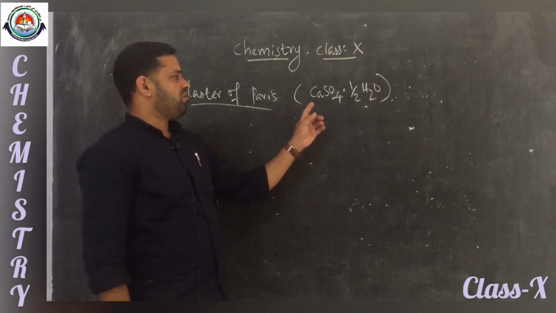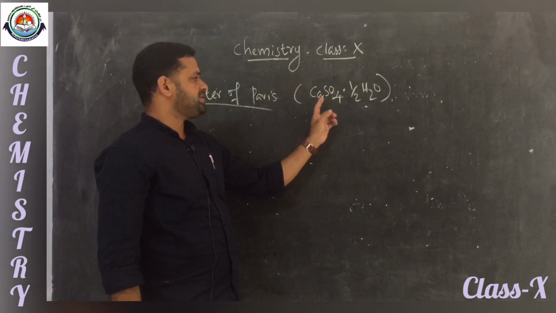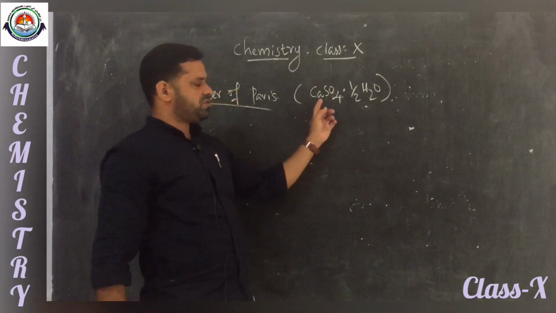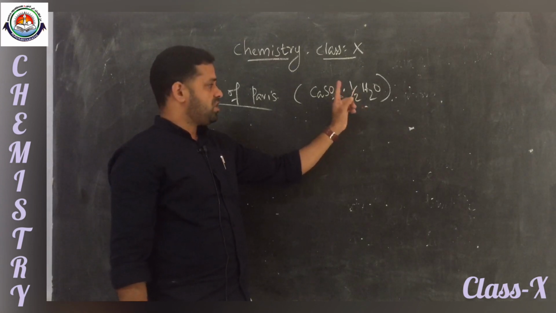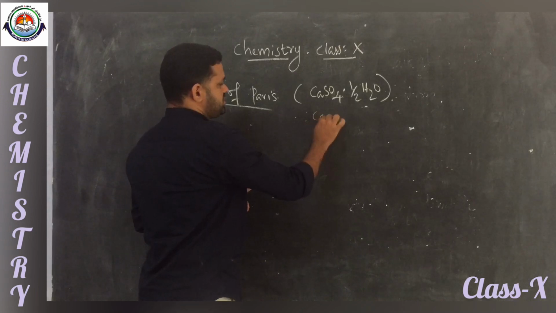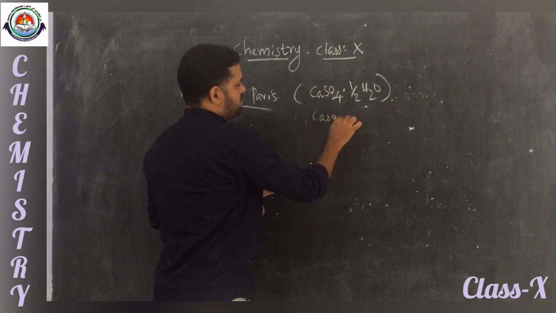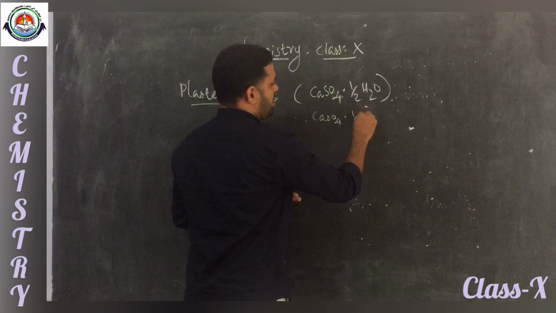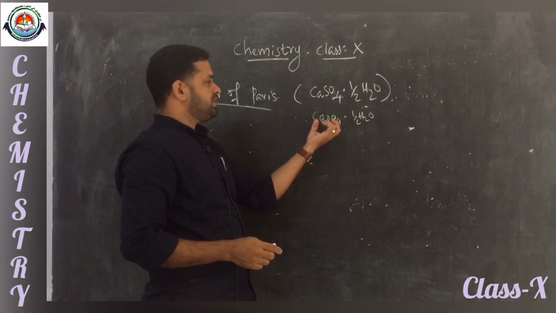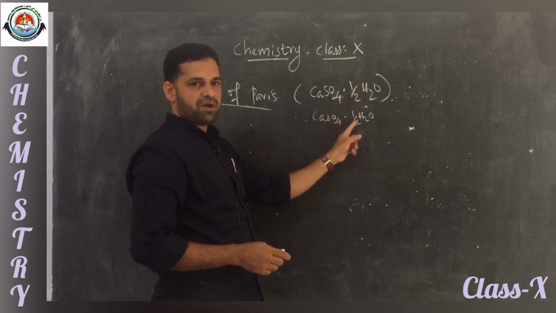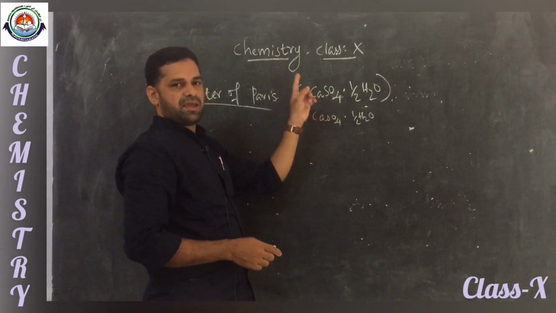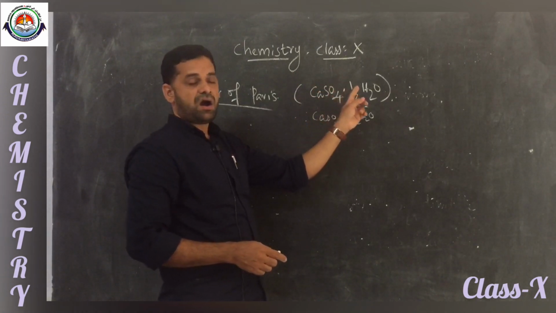It means 2 formula units of calcium sulfate share 1 molecule of water. If it is 2 CaSO4, then there will be half H2O for each, half plus half is 1. So in plaster of Paris, 1 calcium sulfate molecule shares half H2O.